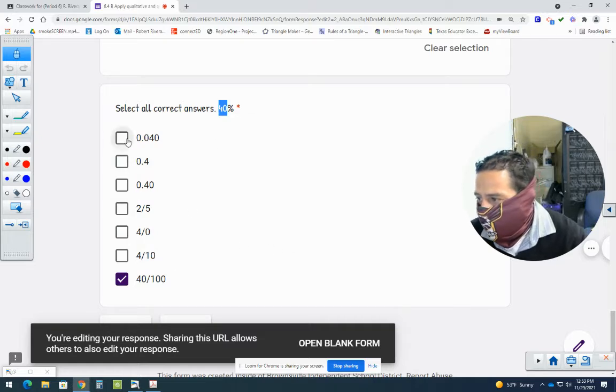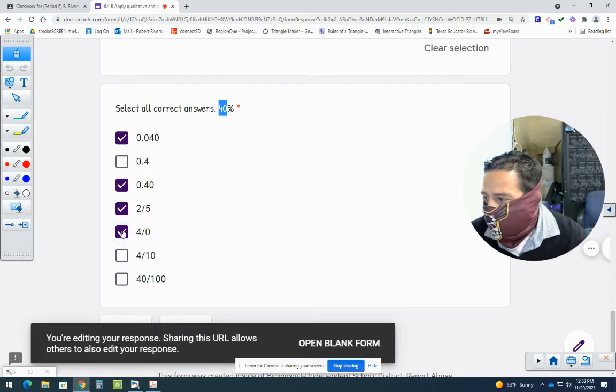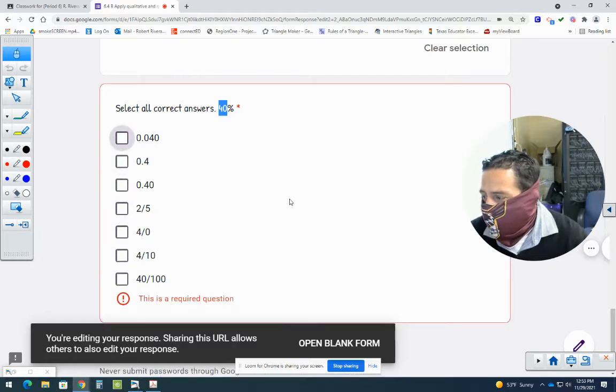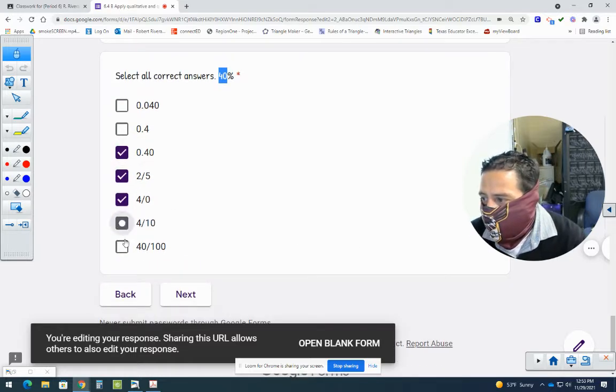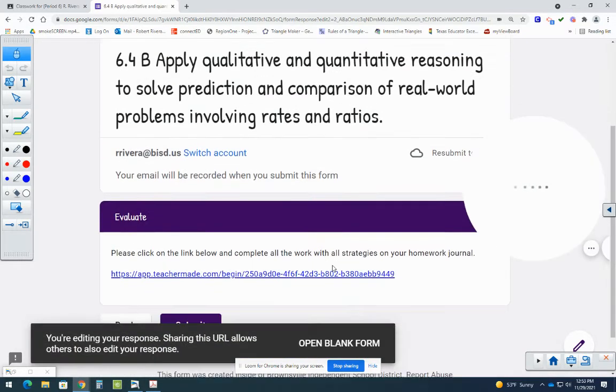Again, this one has more than one answer. I'll give you a hint also. From these, you will find five of them are correct. So make sure, once you select the answers, again, these are not the answers, I'm just choosing randomly, you're going to click next.